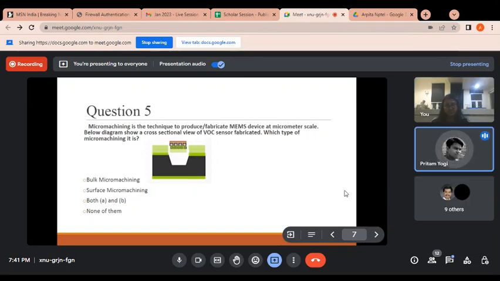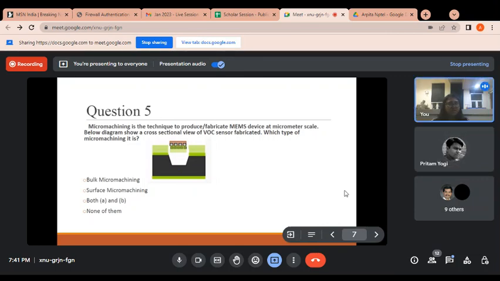Yes, I think in surface micromachining, we have to remove only some part of the surface of the bulk wafer area. And in bulk micromachining, we remove most of the part of the wafer or structure, and we need only a small area as our sensing device.